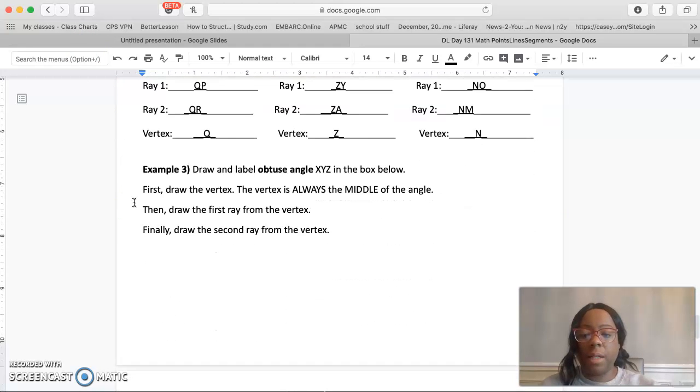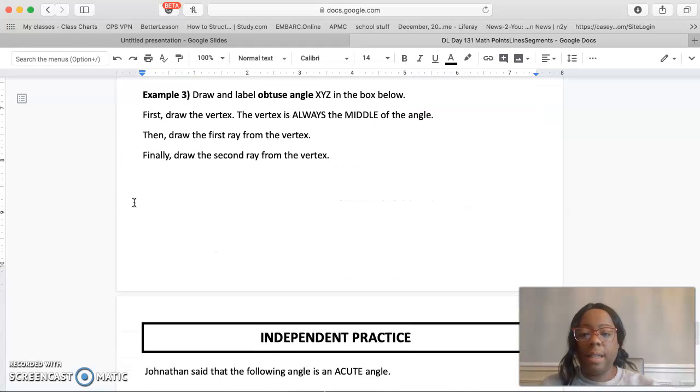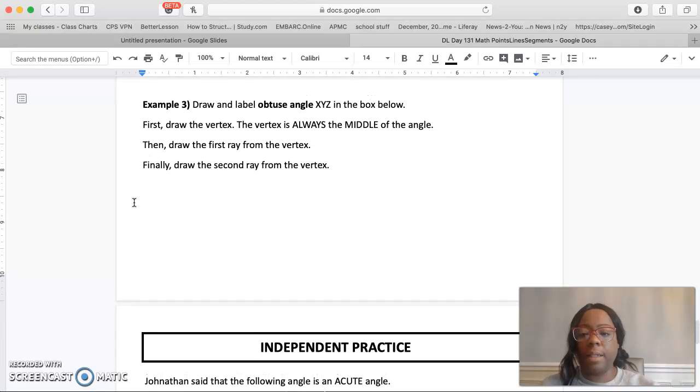Now is the time for independent practice. So I do want you to do example number 3 on your own. It says draw and label an obtuse angle as X, Y, Z. Now, after that, they want you to draw the vertex.